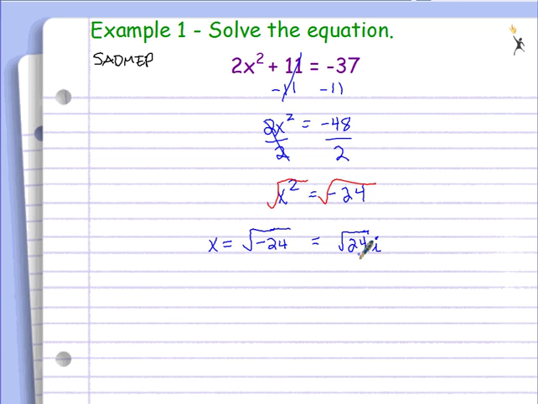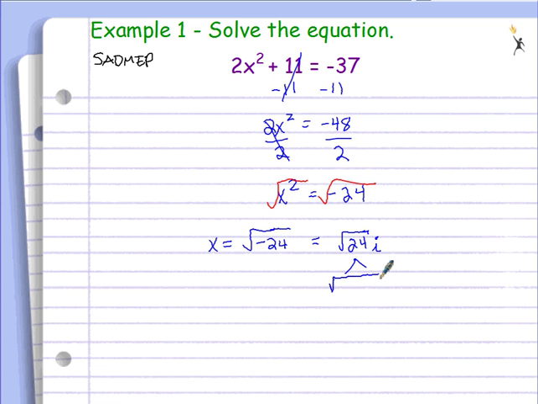Well, if you recall, the square root of 24 is not a perfect square, therefore it's not a whole number, and we don't want decimals. So, going back from our previous lessons, what do I do with the square root of 24? You want to try and reduce it if you can. Meaning, can I factor it with a perfect square and another number? And you can.